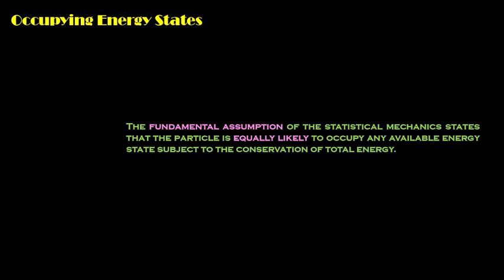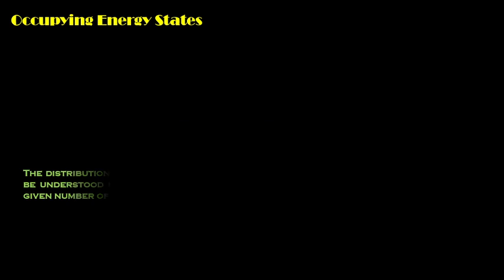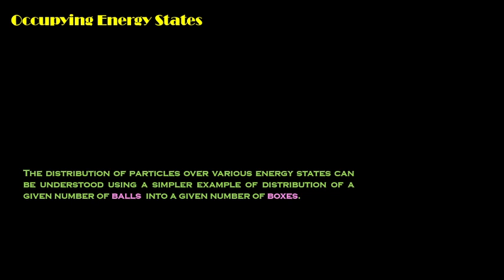The question is, which particle will choose which energy state? According to the fundamental assumption, a particle is equally likely to occupy any energy state subject to the condition that the total energy of the system must remain constant. So there is no preferred energy state.